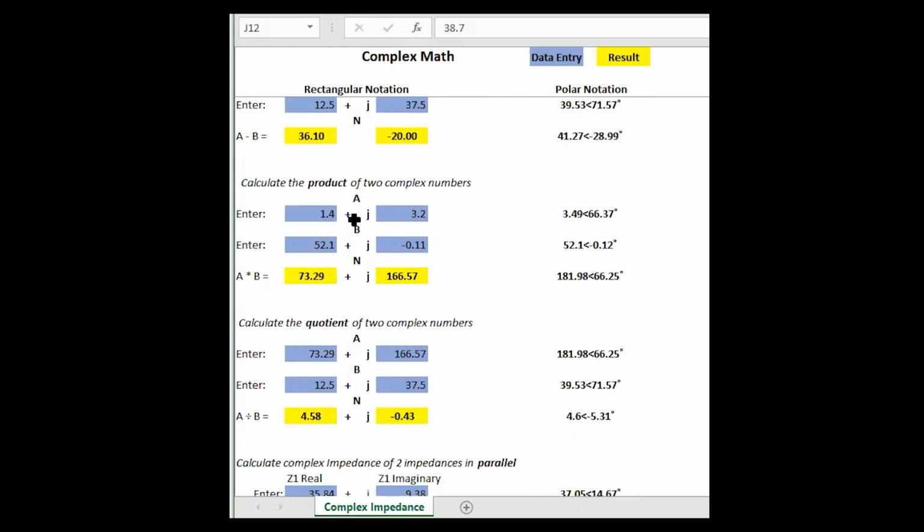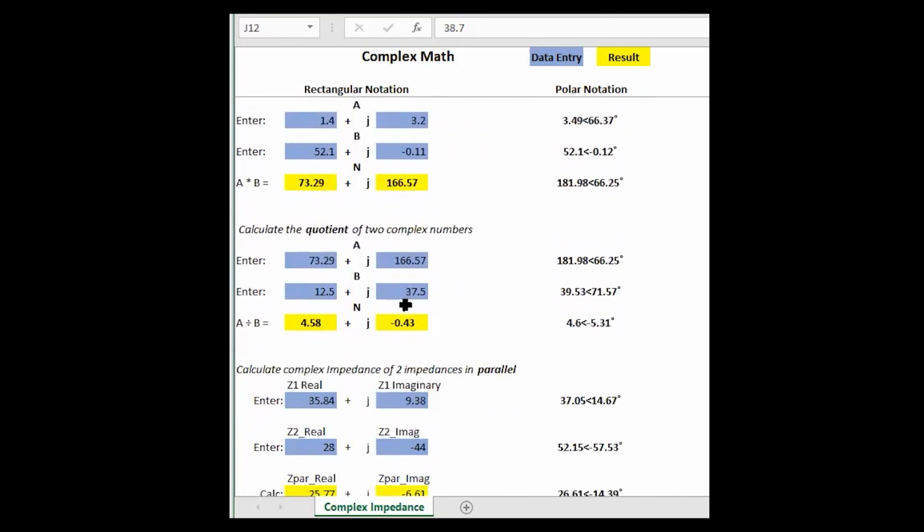Here I've got A times B. So 1.4 plus J 33.2 times 52.1 plus J minus 0.11. That's the same thing as saying 52.1 minus J 0.11, right? That gives me 73.29 plus J 166.57.